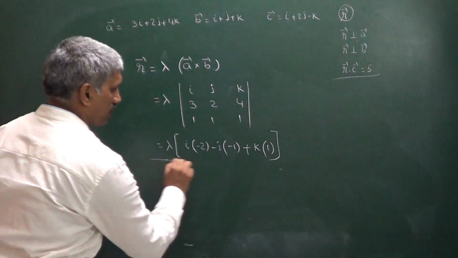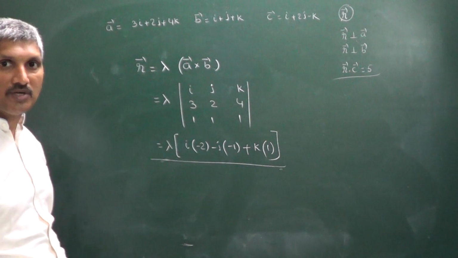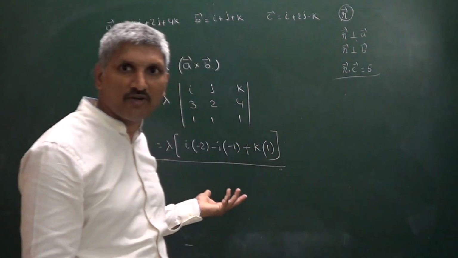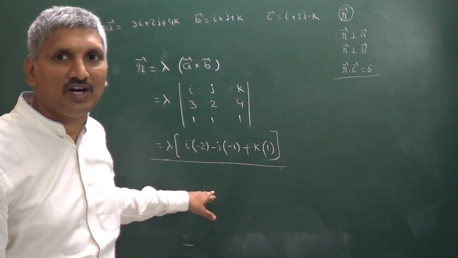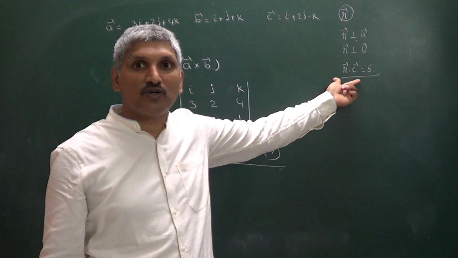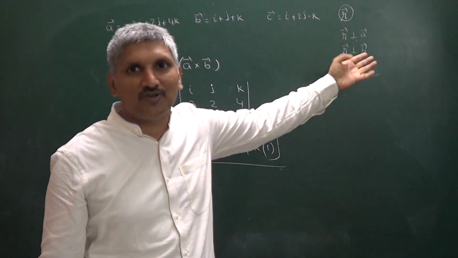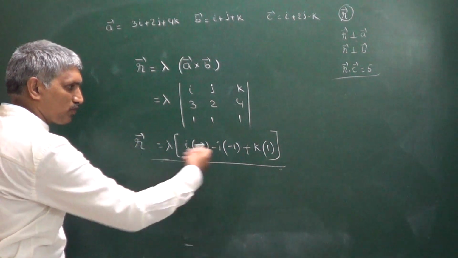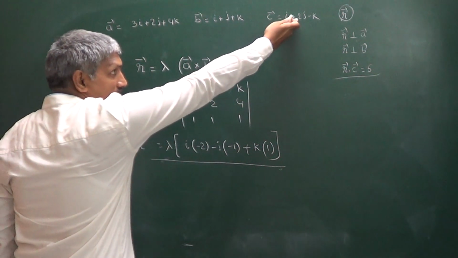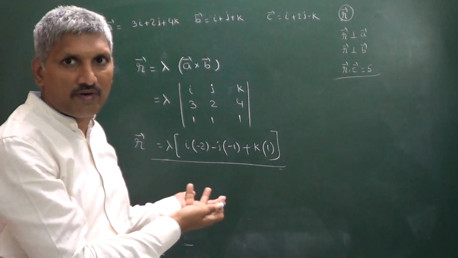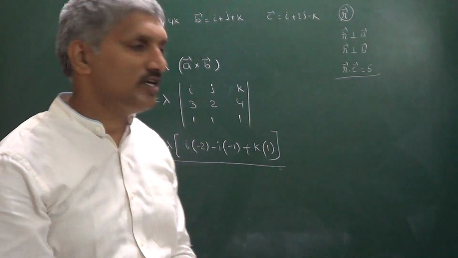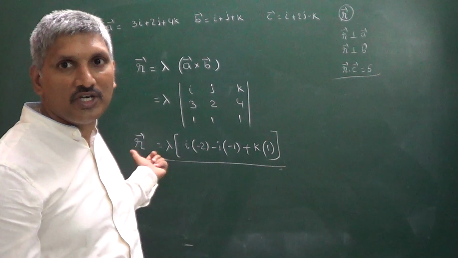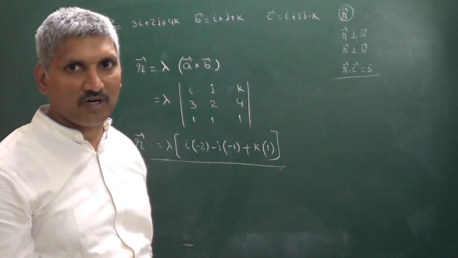So this is r bar we got. But we have to find out the lambda value. For finding the lambda value, the other information given is r bar dot c bar is equal to 5. This r bar dot product with c bar, you will get 5. From there you will get the value of lambda. Substitute the lambda value here, you will get the desired vector r bar.